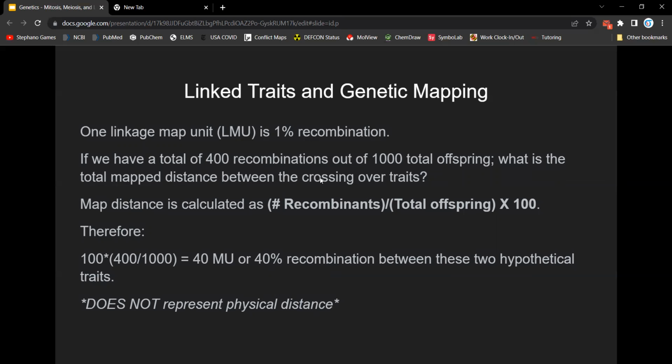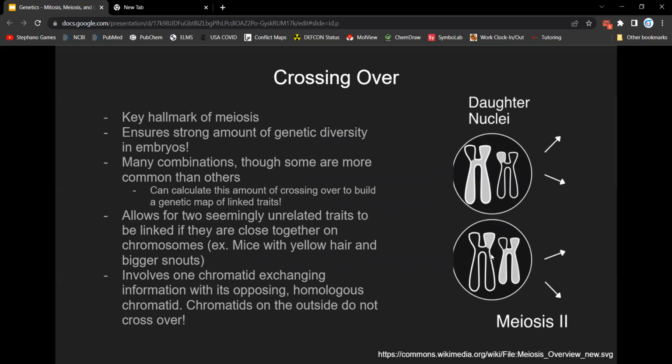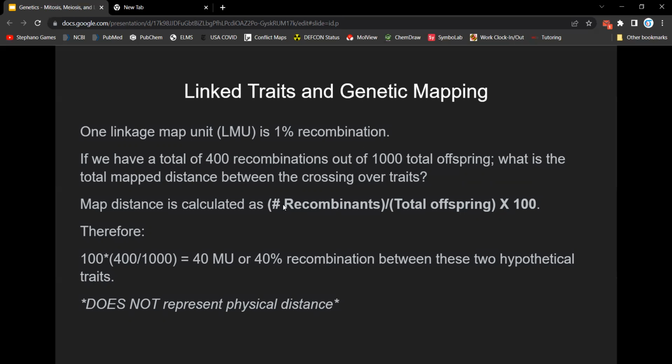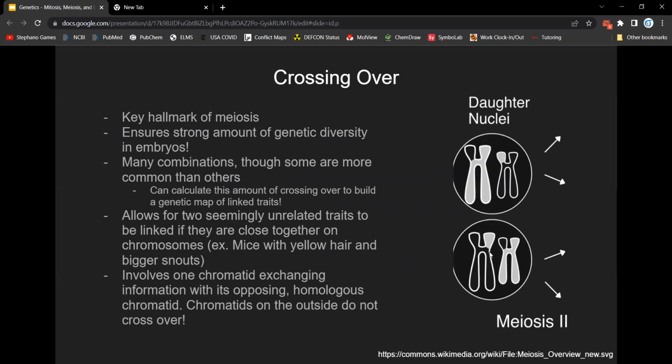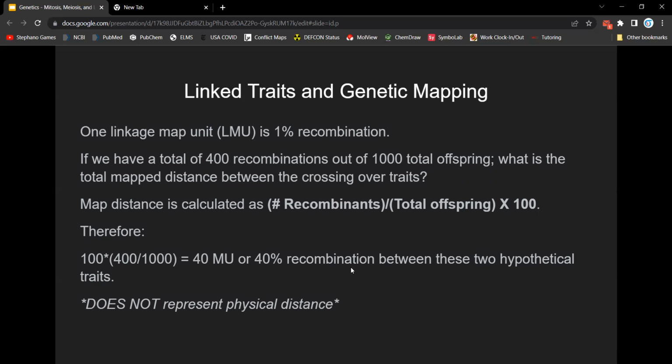So then we can figure out the total mapped distance. So we can find the total amount of genetic distance between these two traits. And we do this by just calculating the number of recombinants divided by the total number of offspring. And so we can see that the total chance of recombination between these two traits is 40%.